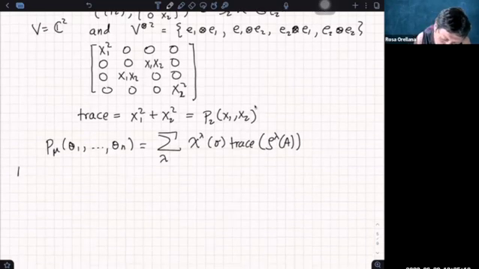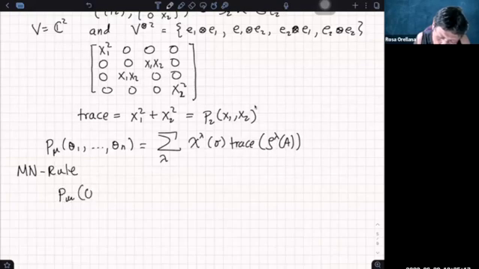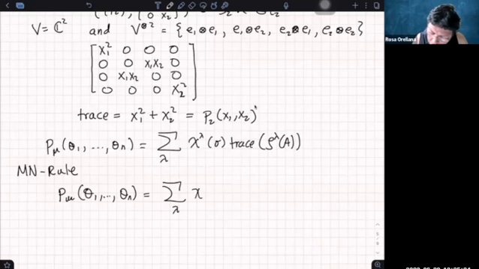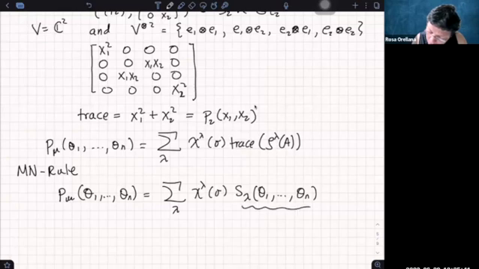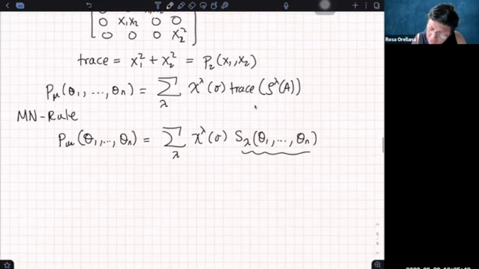But by the Murnaghan–Nakayama rule, we know that p_μ can be computed like that. If you actually carry it out, this is going to be the sum over λ of χ^λ evaluated at μ times s_λ(θ_1, ..., θ_n). These are the Schur polynomials, and remember that's what we wanted to show.